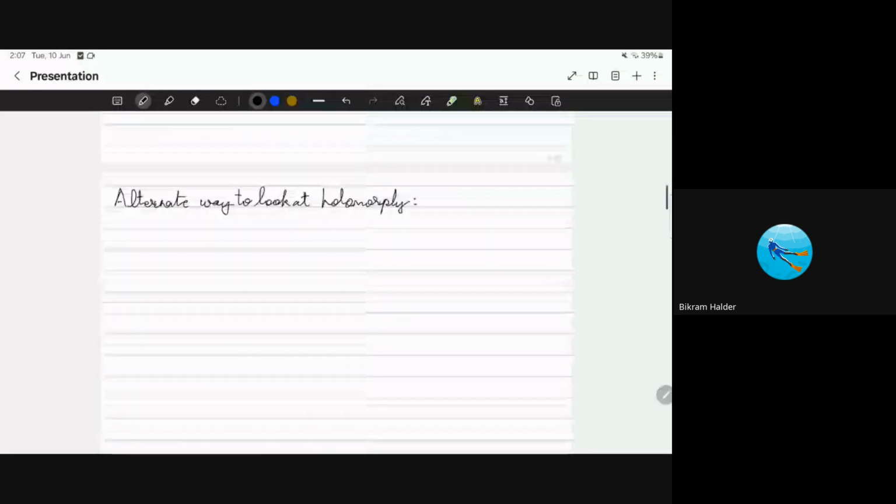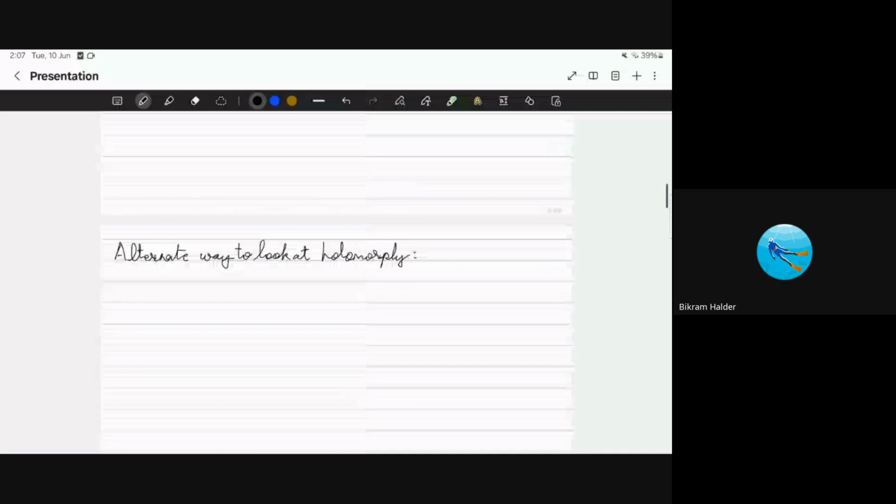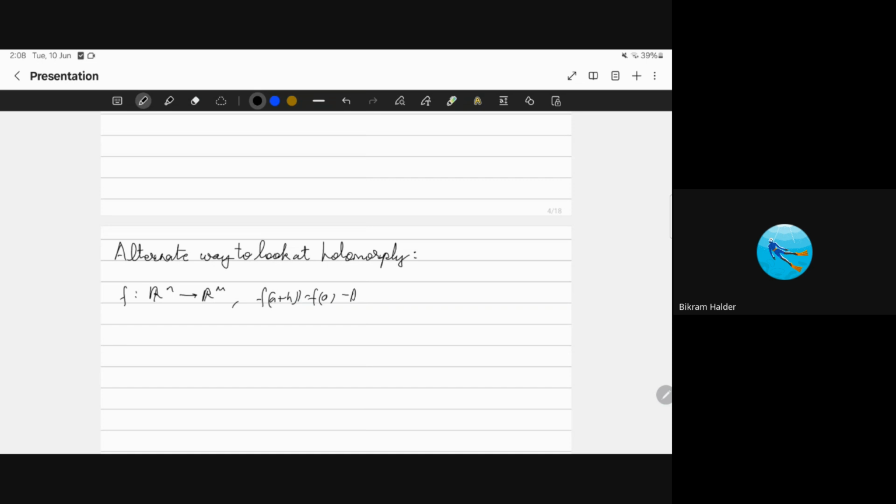Now let's try to understand holomorphy in another way, at least in the one variable case. So we said that when we talk about functions from Rn to Rm, f is differentiable at a point if we can approximate f(a+h) minus f(a) by a linear map.